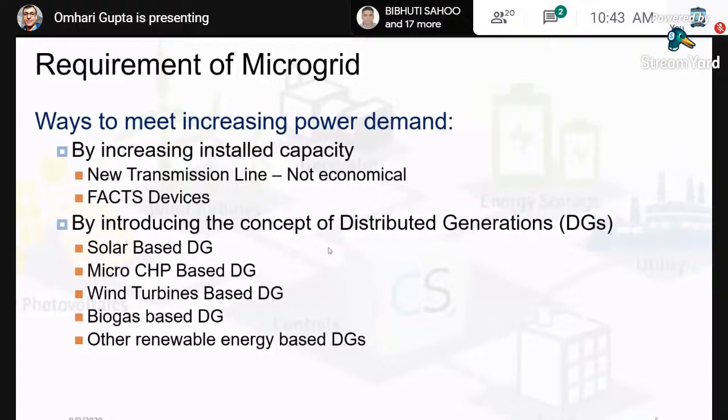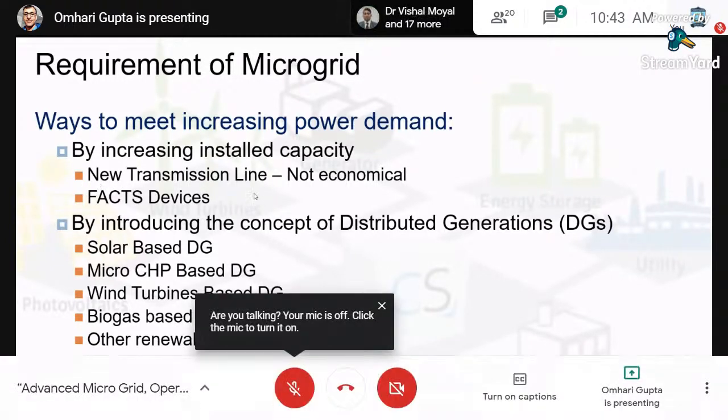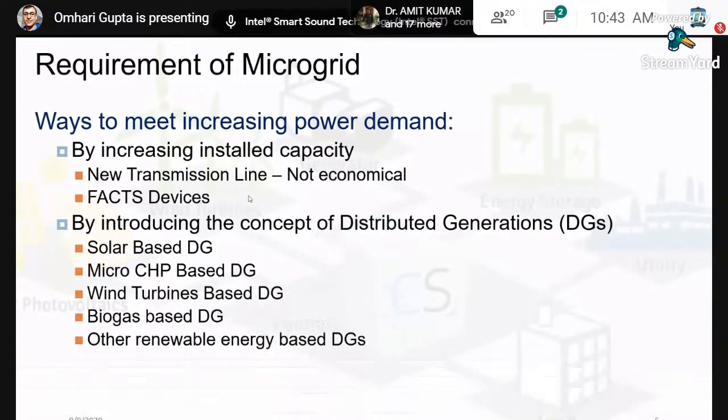Okay, so these are the two ways. Obviously, building a new transmission line will not always be economical. Rather, to use the FACTS device will be a cheaper solution. Okay, and the most preferred solution. And we have to take care that the power pushed through a transmission line should never reach its thermal limit.